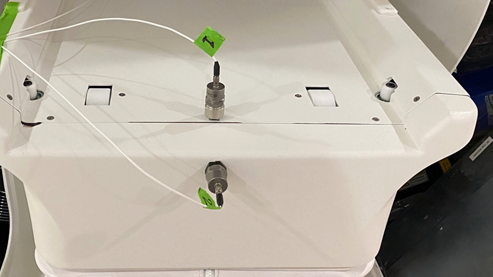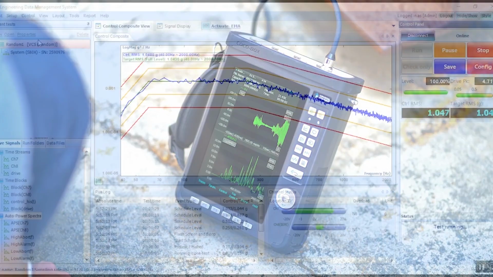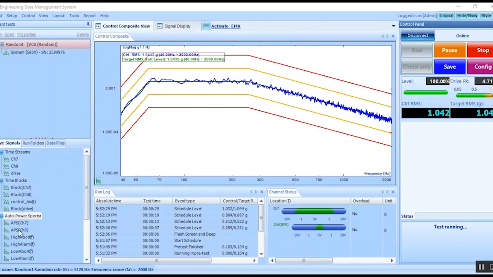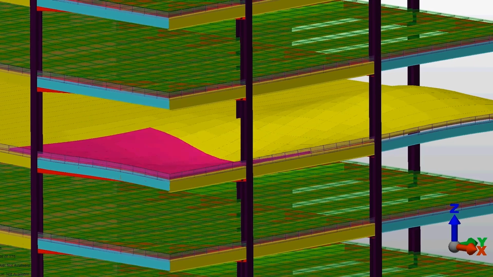The most common method for assessing vibration is through measurements using seismic accelerometers and real-time frequency analyzers. The data is often used by itself or as input to a finite element analysis program.